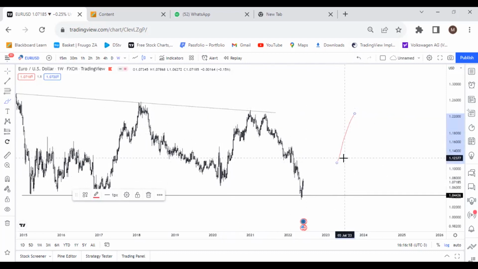It's called an impulse when the price just swings, whether a sell or a buy. This is the impulse, and the following movement is a correction where the price goes sideways.